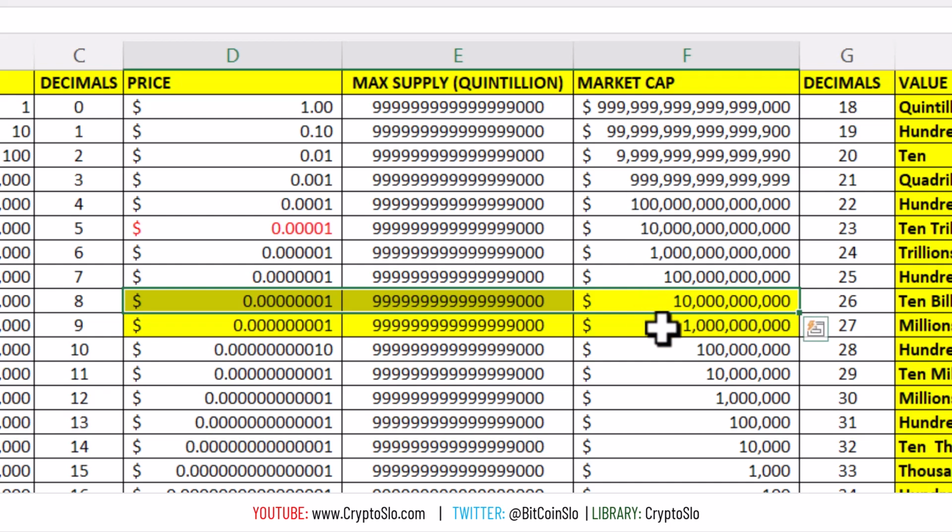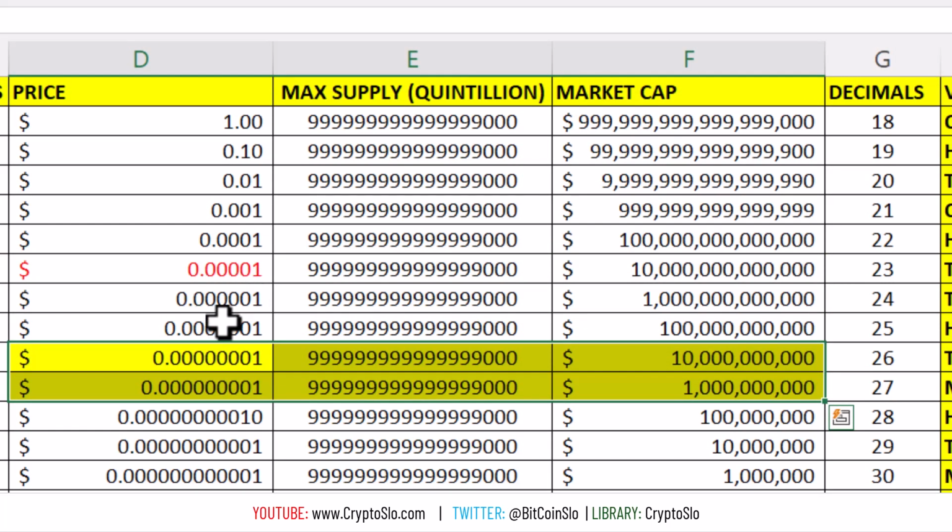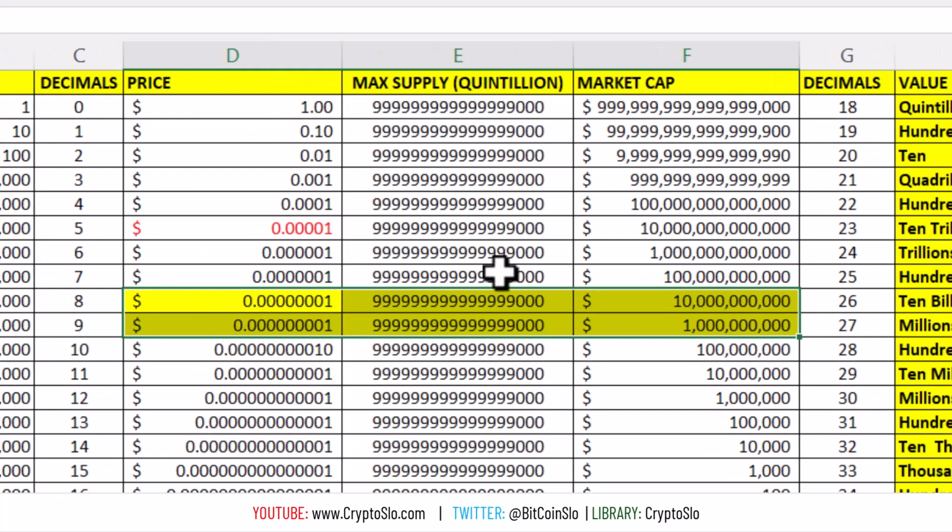I would give this a 1 to 10 billion dollar market cap, and the price would be 1/100th of a million cents, or 1/1 billionth of a cent. And those are my price predictions right there, baby. So those would be my probable price predictions for Zen.